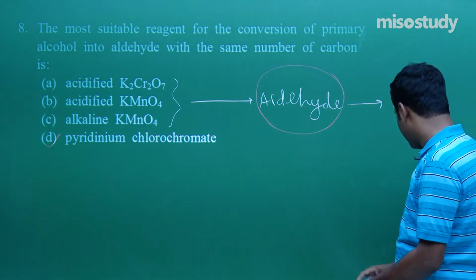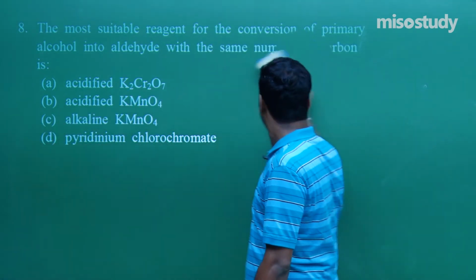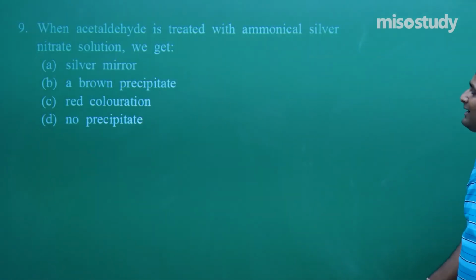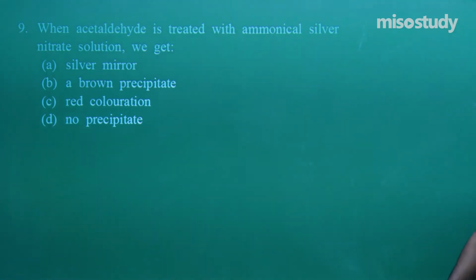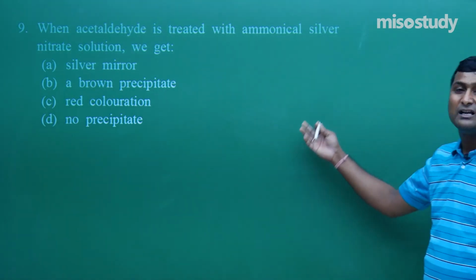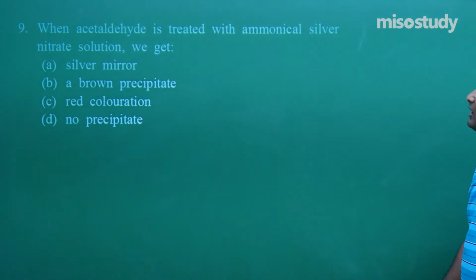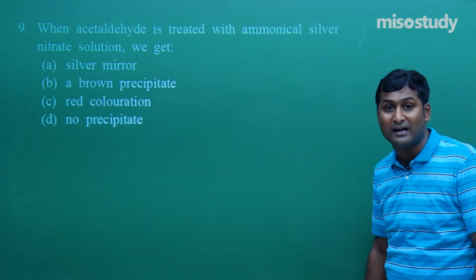Clear? Now let's move to the next question. Check it out. That is question number 9. When acetaldehyde is treated with ammoniacal silver nitrate solution, we get a silver mirror.